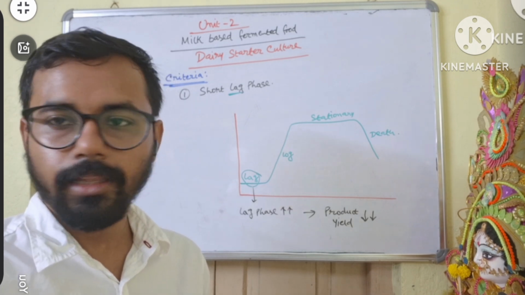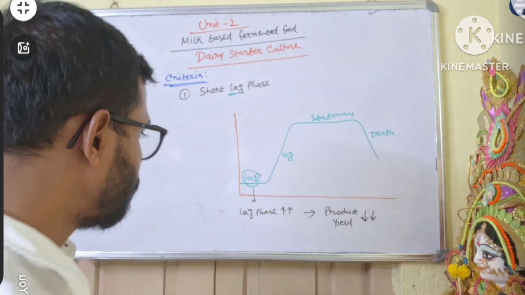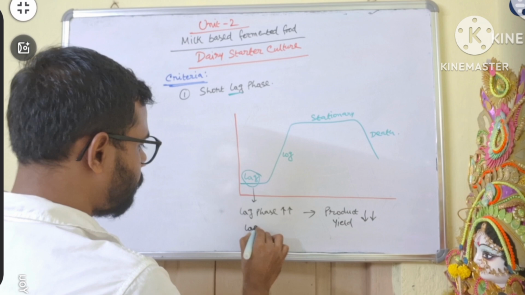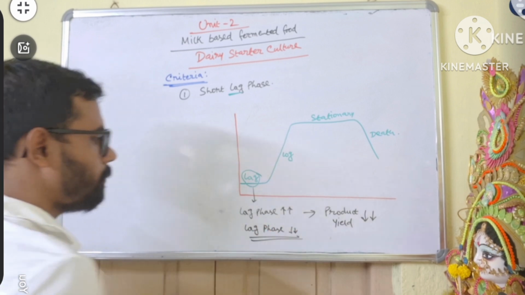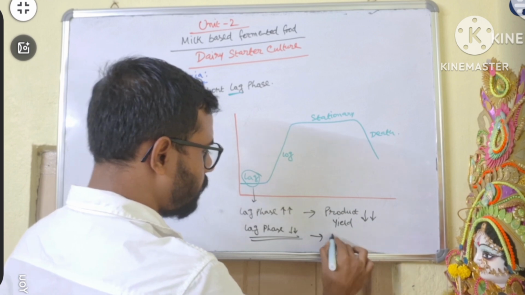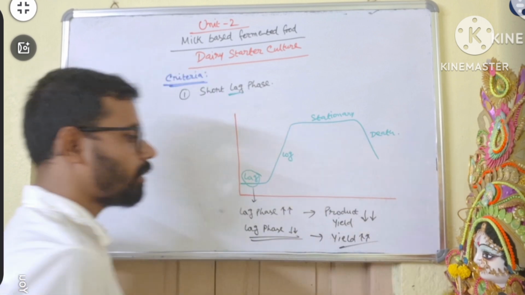Less. Industrially we need more product, so the lag phase should be minimal, and then yield ultimately becomes high.